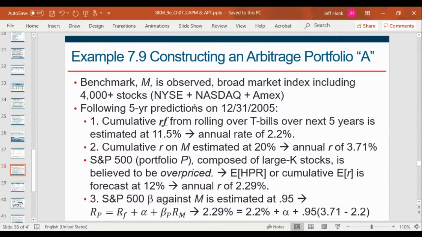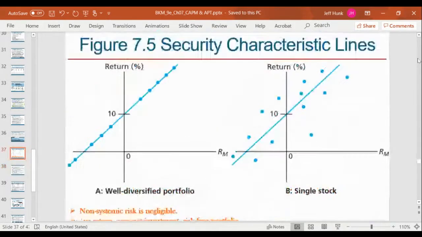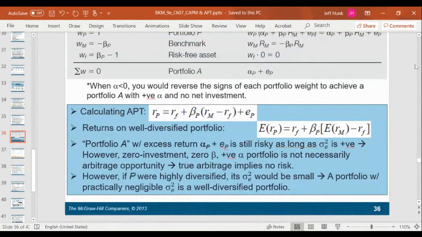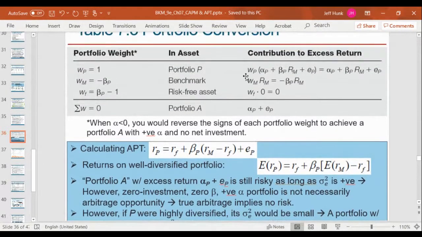So the benchmark is a broad market, and the New York Stock Exchange, Nasdaq, and Amex all combined, still, that's only conceptually the benchmark. I believe that should clarify what the benchmark portfolio is.